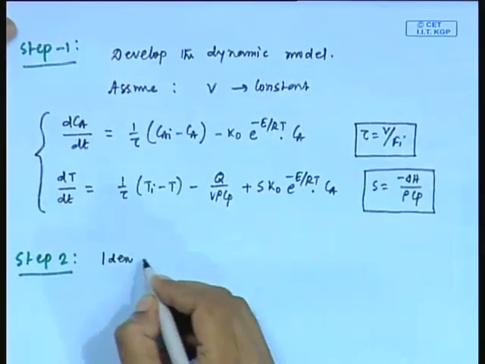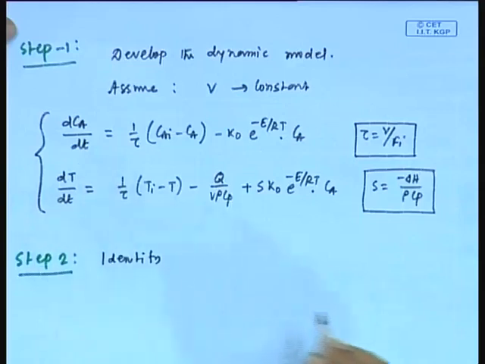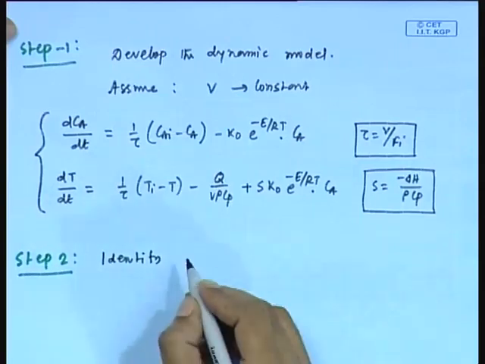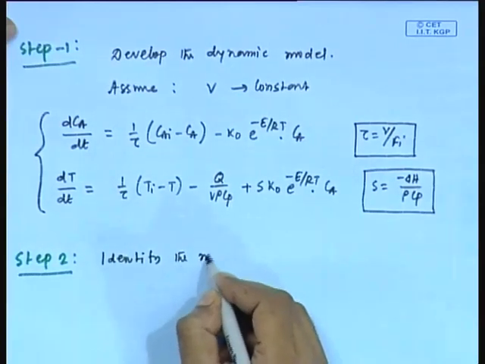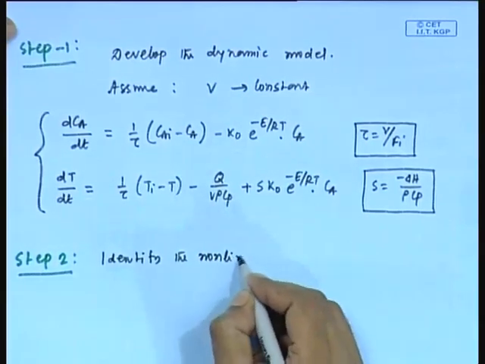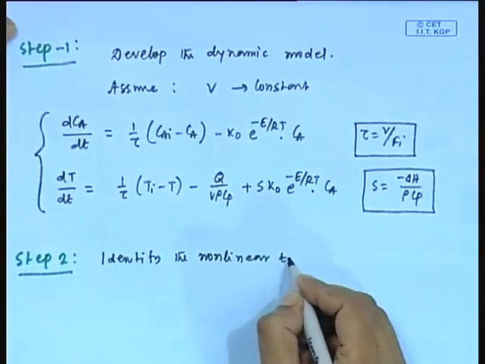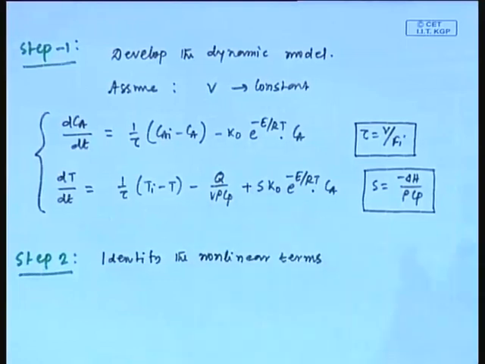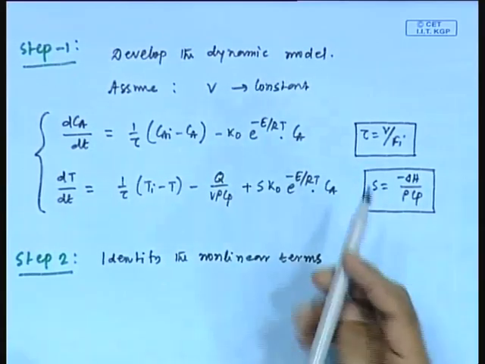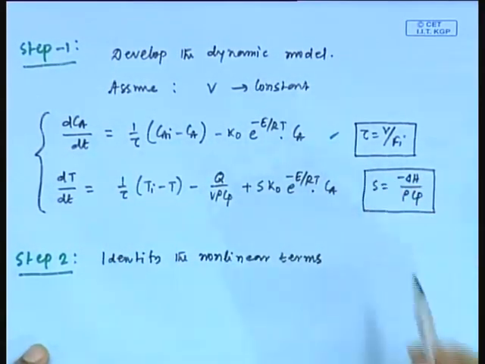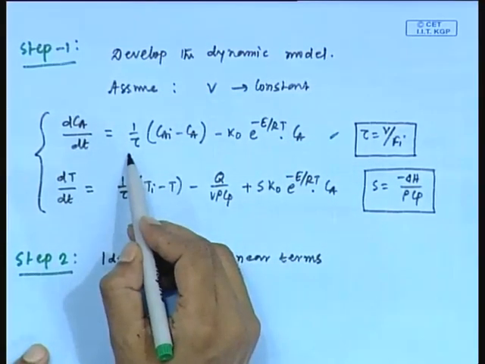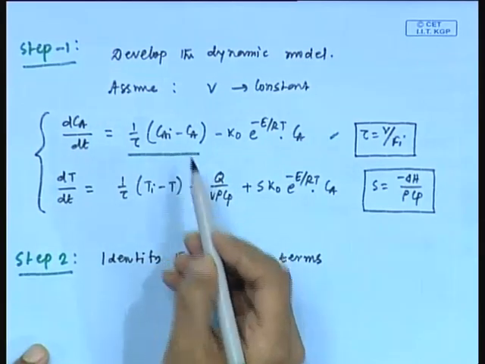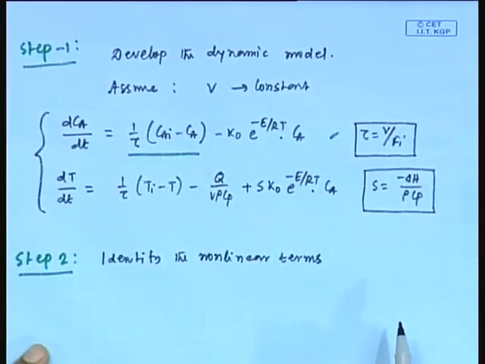You see, in the first equation, which we got based on component balance, the first right hand term is a linear term.